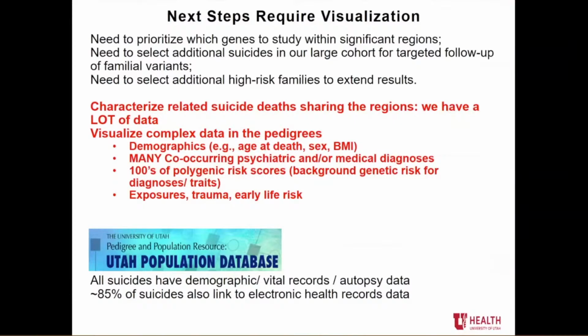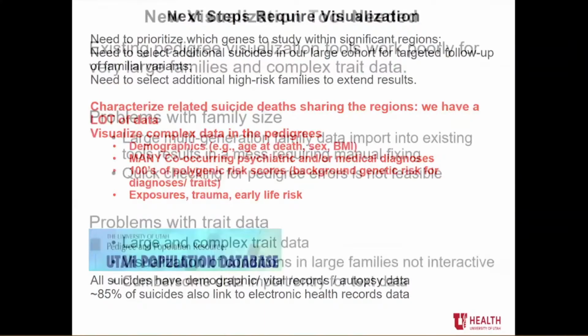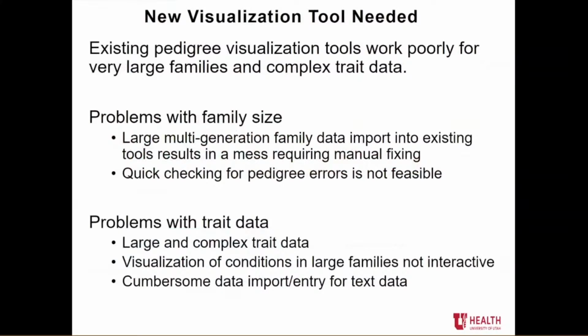The amount of demographic and diagnostic data that we have on these people is also quite overwhelming. And most of these people have essentially lifetime electronic health records. So this is a lot of data. We tried to use some of the existing pedigree visualization tools out there, and we found that this was extremely frustrating.